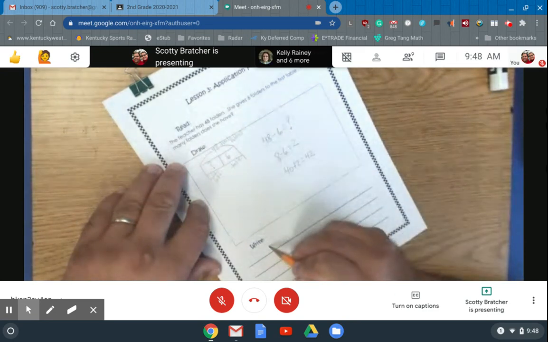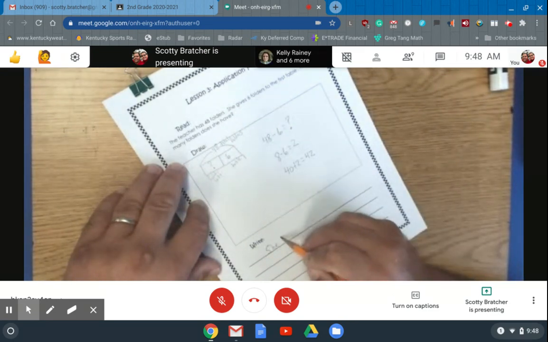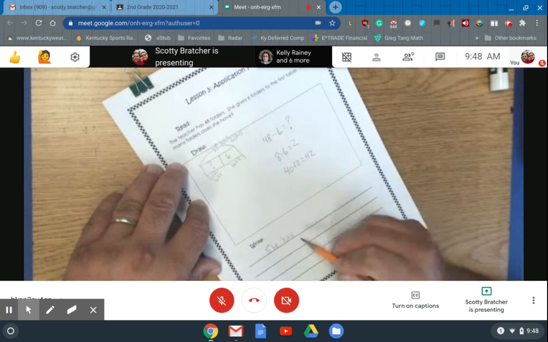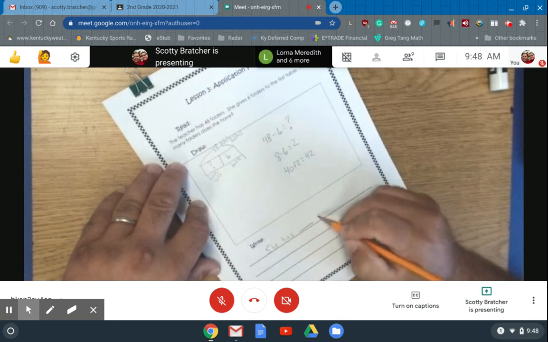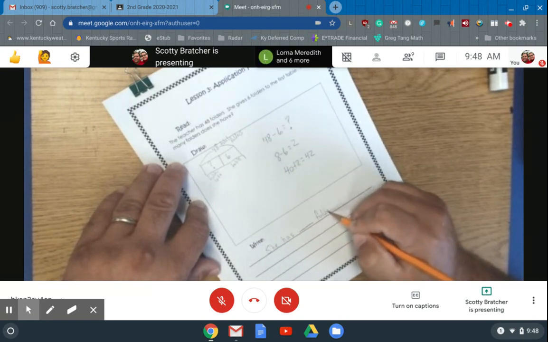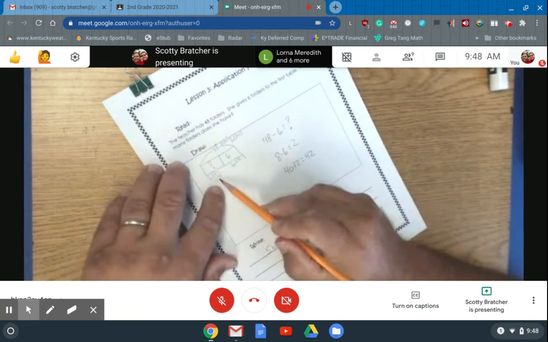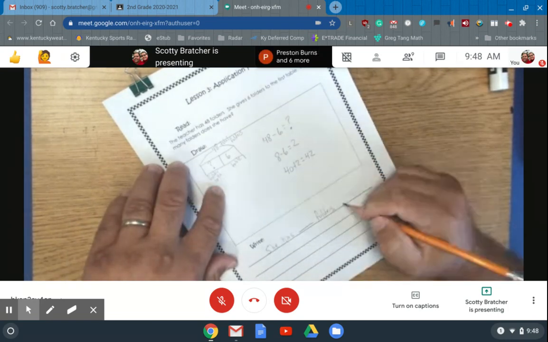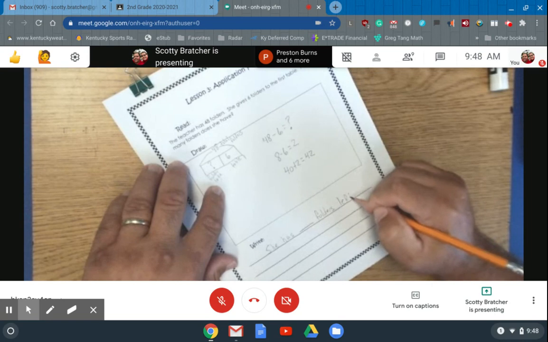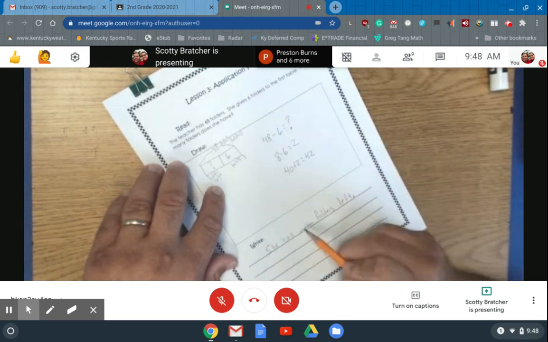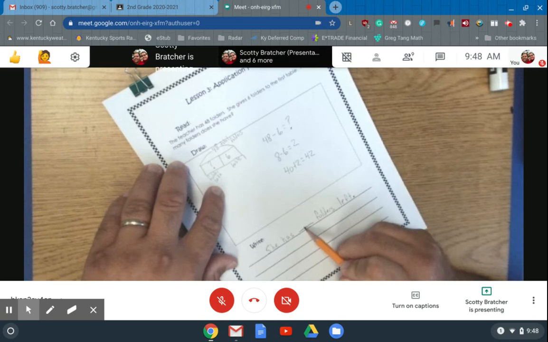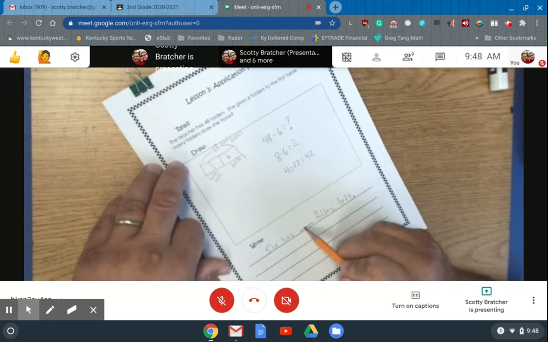I'm going to say, she has, I'm going to put my answer, and I'm going to put folders, and we called it folders left, right? So we're going to say folders left. Put an answer. And what's my answer? 42.